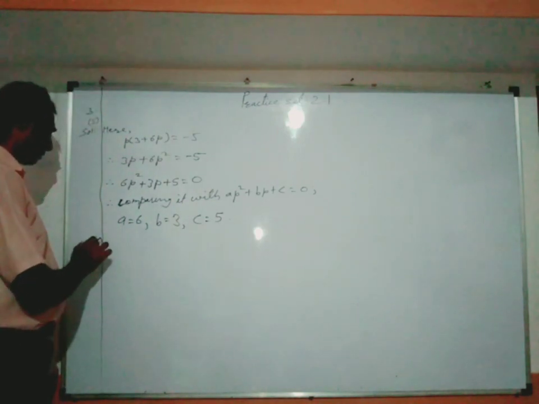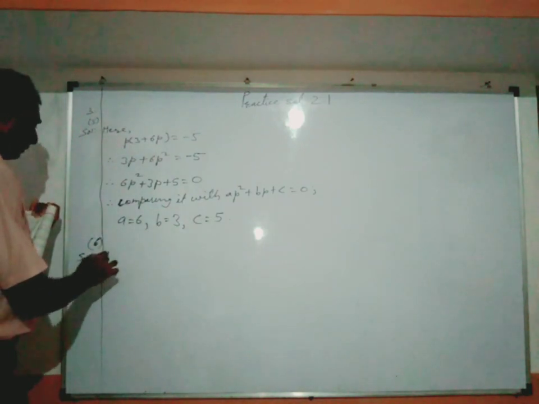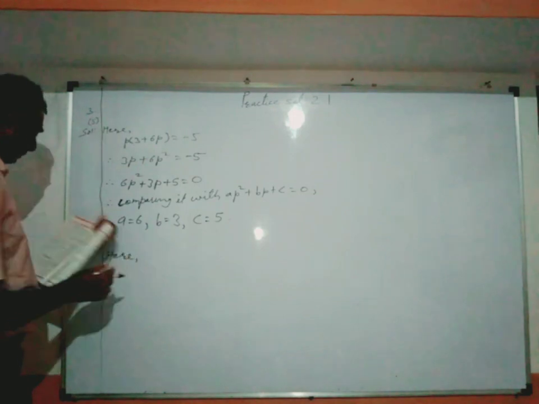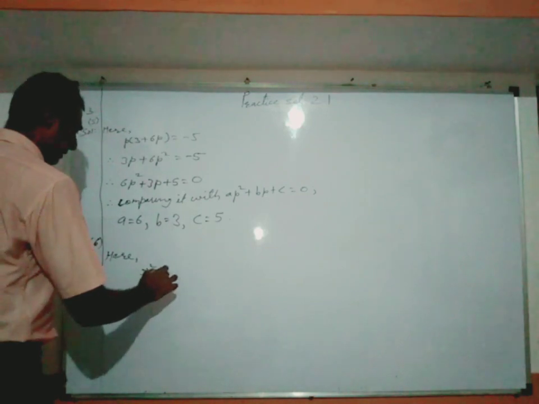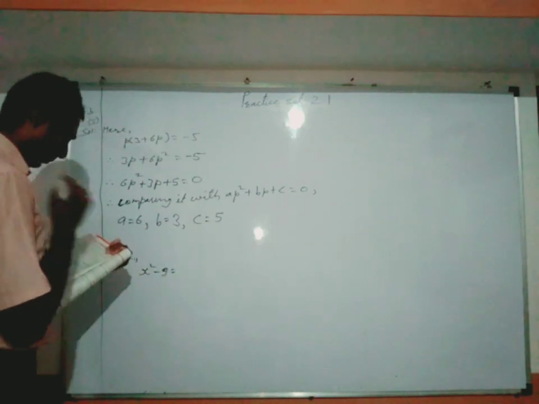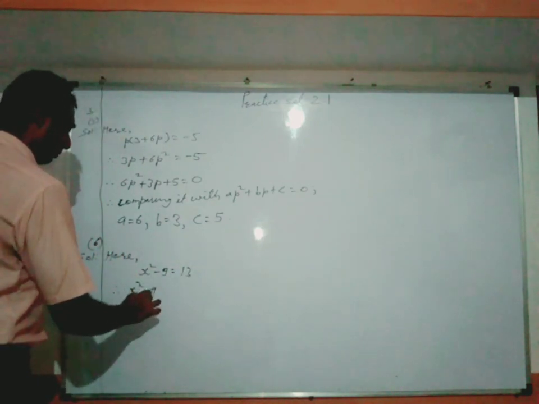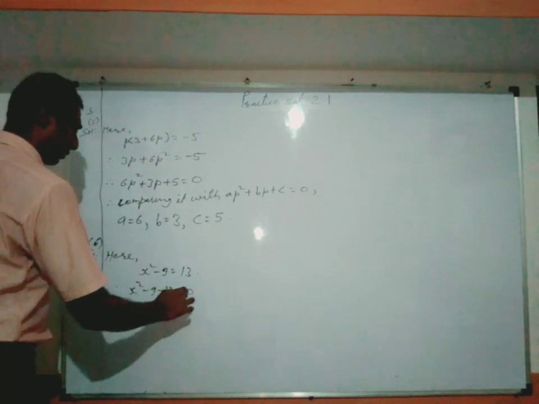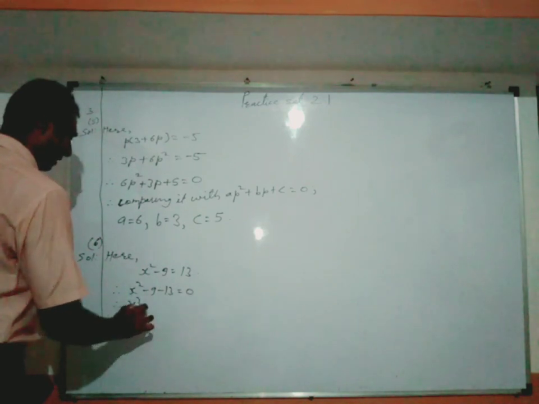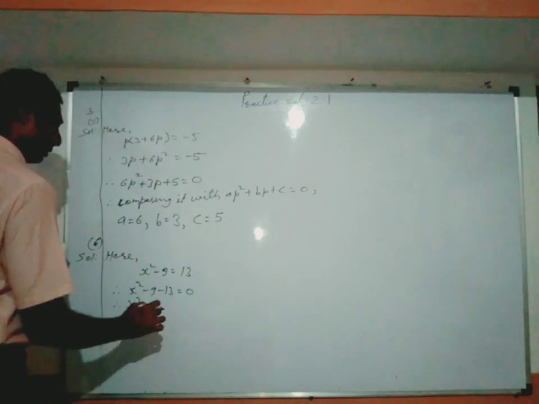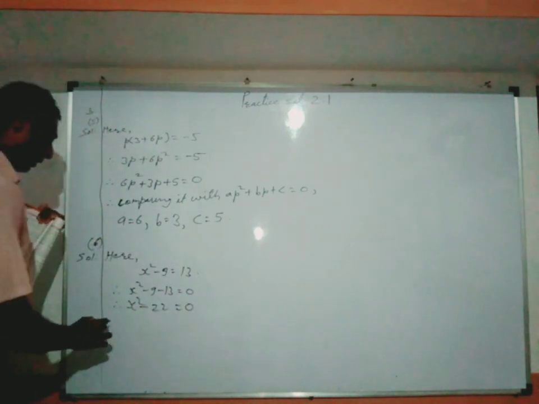Number 6, solution. Here x square minus 9 equals 13, and therefore x square minus 9 minus 13 equals 0 gives us x square minus 22 equals 0.